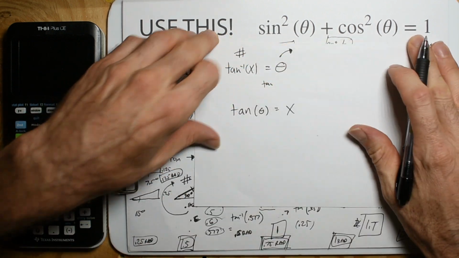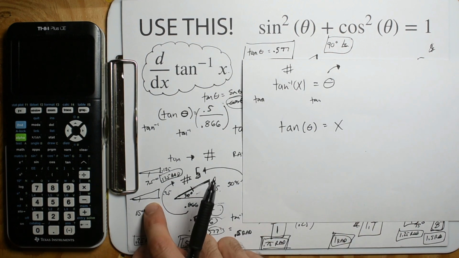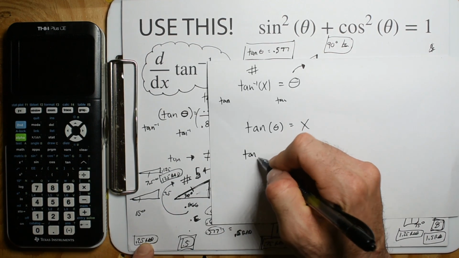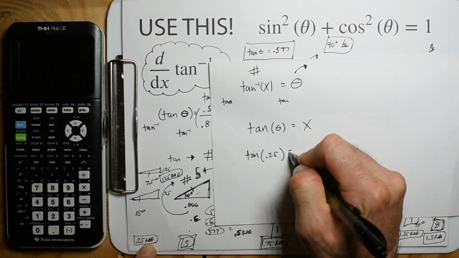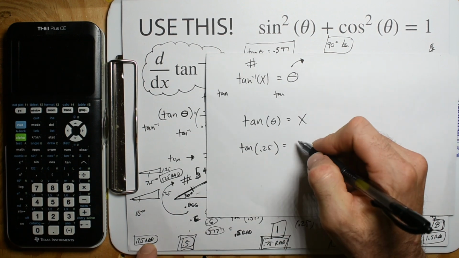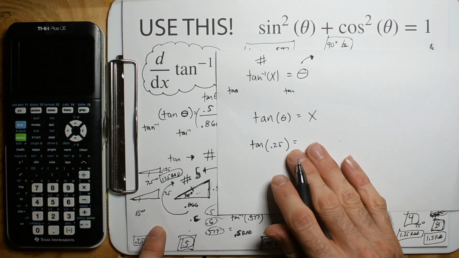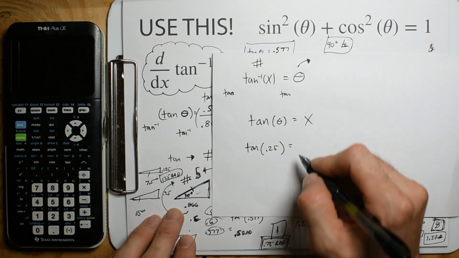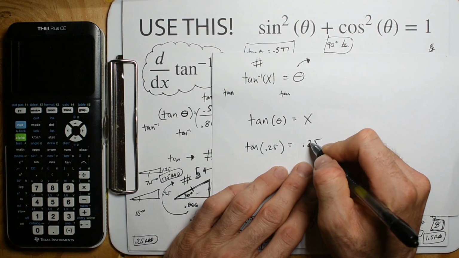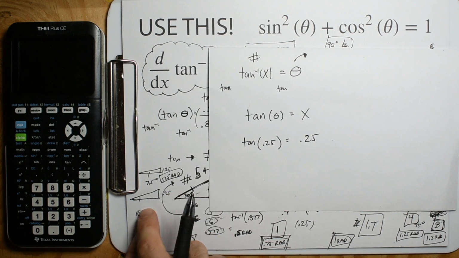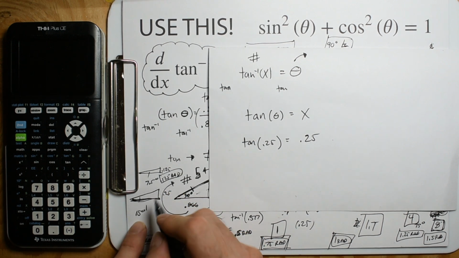And so what are we saying? We're saying, hey, I know this angle. Let's just do it. So tangent of 0.25, we know the ratio is going to be 0.25. And that's going to be this divided by this. This basically becomes 1.